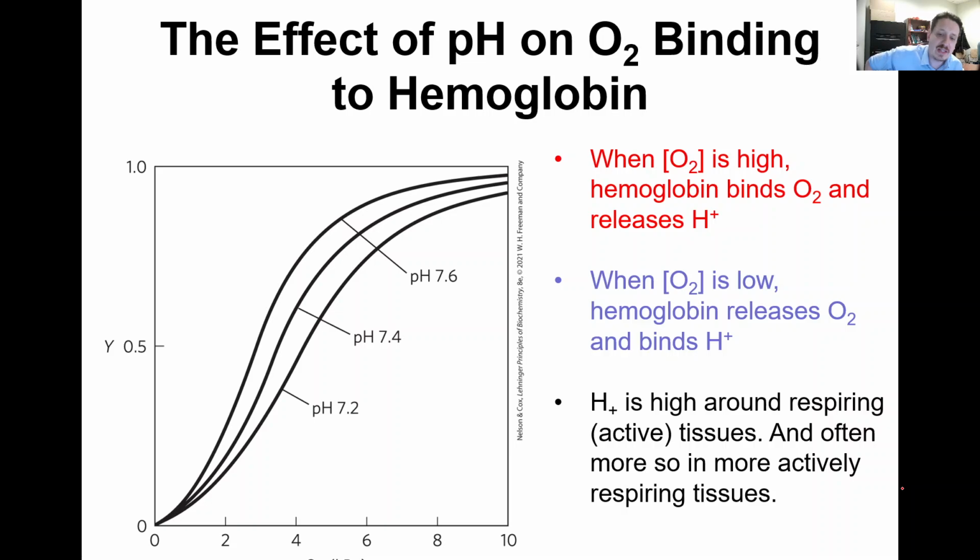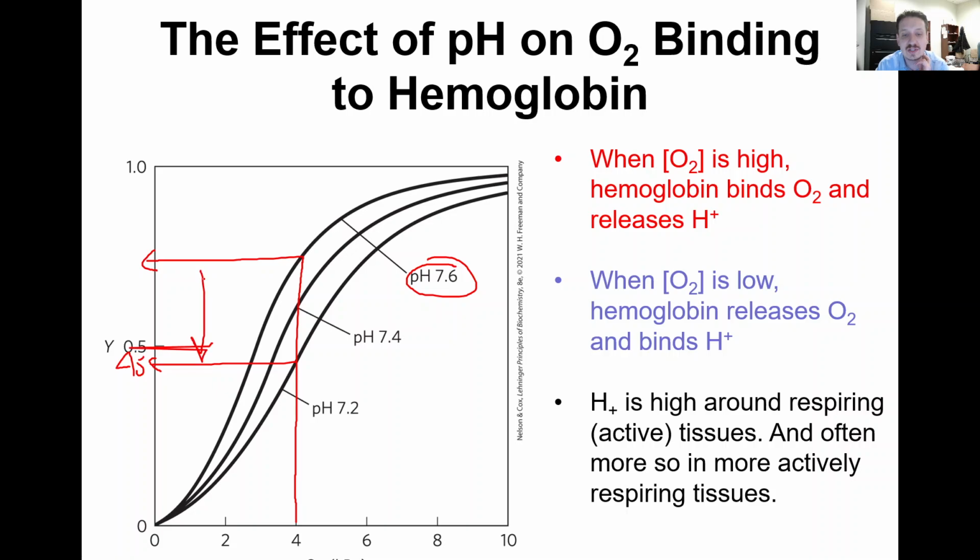And you can kind of see it by this graph here, where we can see that at a high pH, saying that there is less acid, at a concentration of 4 kilopascals, the protein is, I don't know, 75% full. But at a more acidic pH, it is about 45% full. So you see the difference is that it's not able to hold on to as much oxygen when the pH is lower.